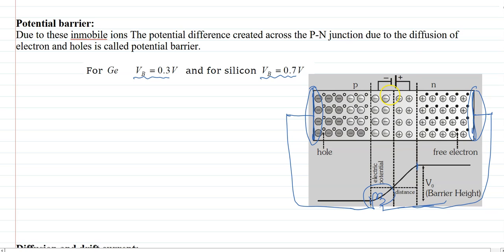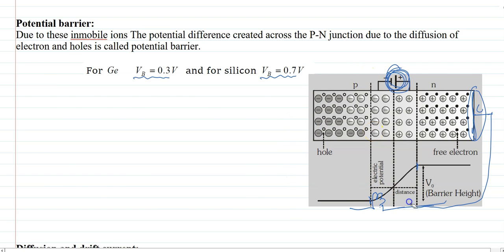The combination of this potential and this reverse potential becomes zero. That's why we cannot measure any potential difference with a voltmeter, or glow any bulb by using this diode.